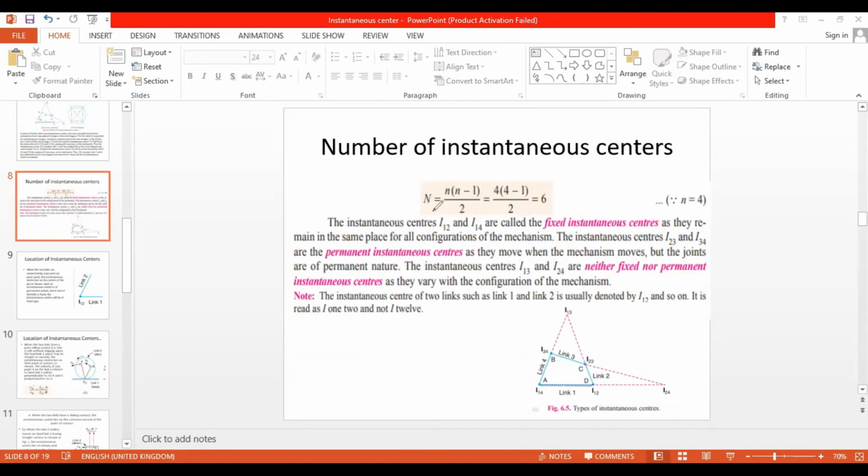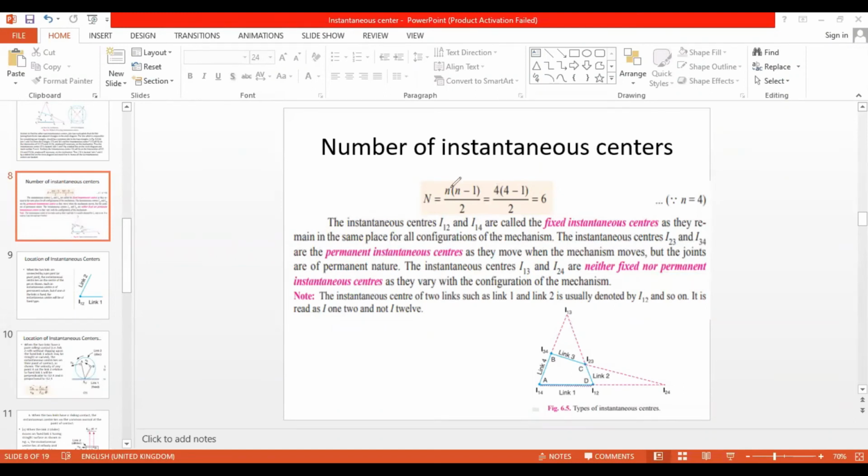The number of instantaneous centers, capital N, is equal to n into n minus 1 by 2. Here small n is the number of links, and capital N is the number of instantaneous centers.